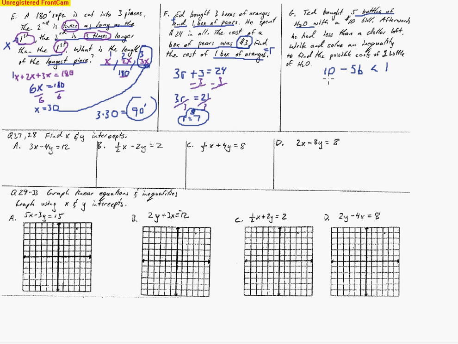And so what we end up having to do here is some opposite operations. So we go ahead and subtract the 10 from all sides. And once we do that, still this negative 5b is less than negative 9. So from that point, we go ahead and do some division. Dividing by 5 does a couple things for us.